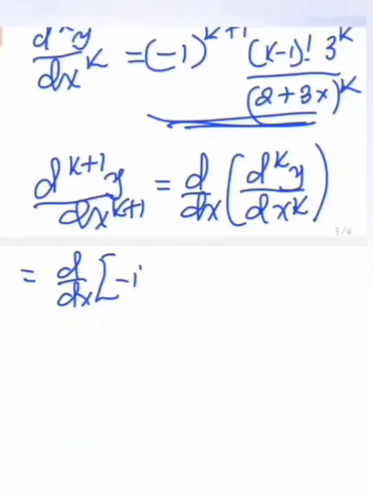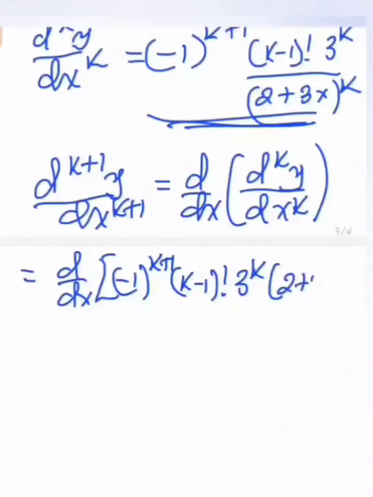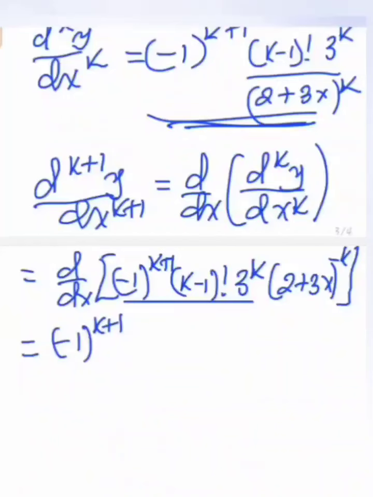So we'll get negative 1 to the k plus 1, k minus 1 factorial 3 to the k into 2 plus 3x to the negative k. This first part will remain unchanged. It is just the coefficient of the term in x there. Negative 1 to the k plus 1, k minus 1 factorial 3 to the k.